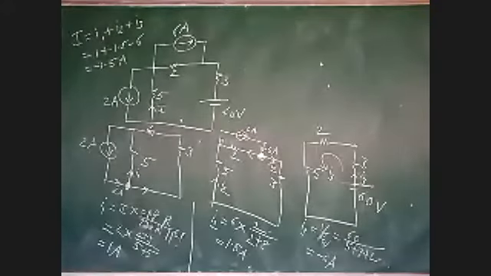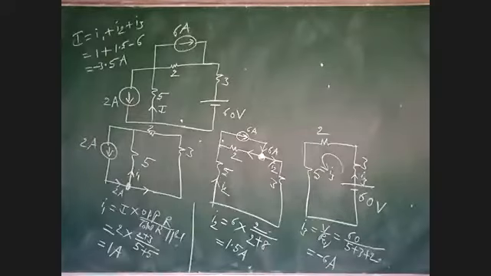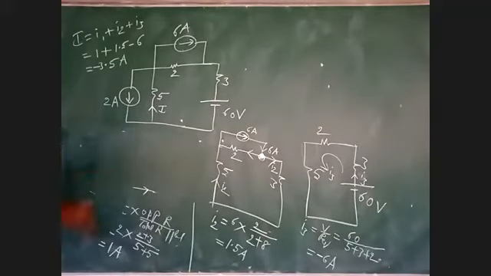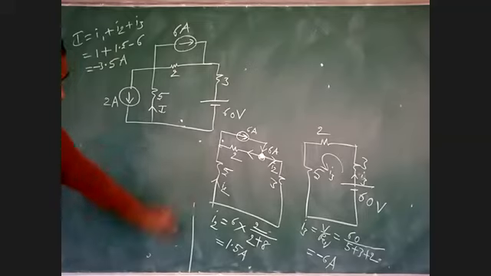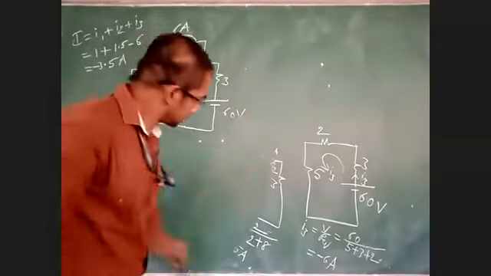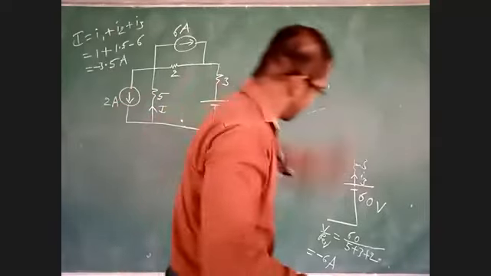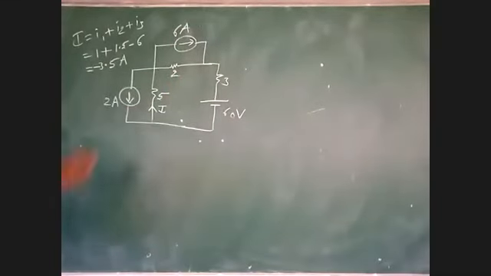Now we will verify whether this answer is correct or not. By using the theorem, we had determined the current in 5 ohms. Now we verify this. Convert this current source into a voltage source.